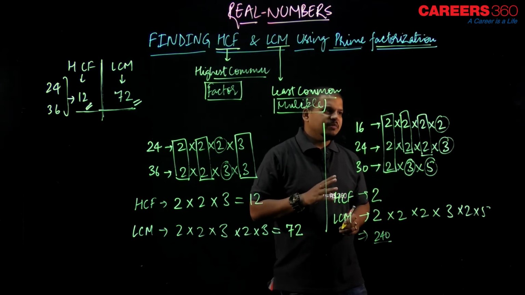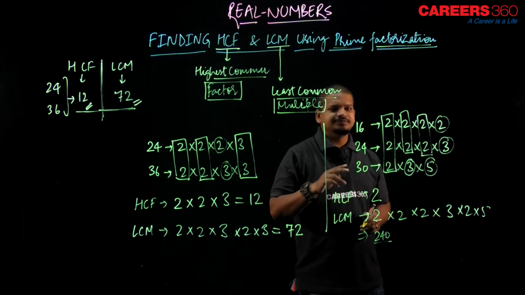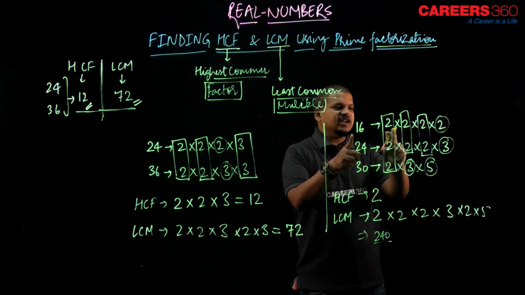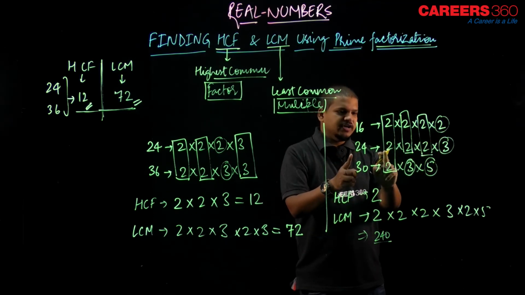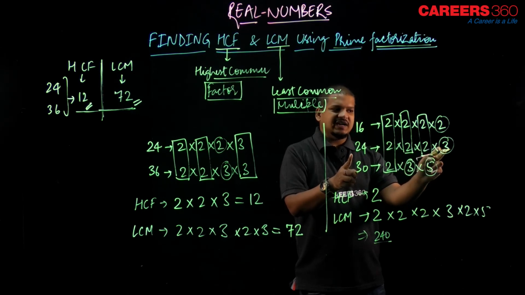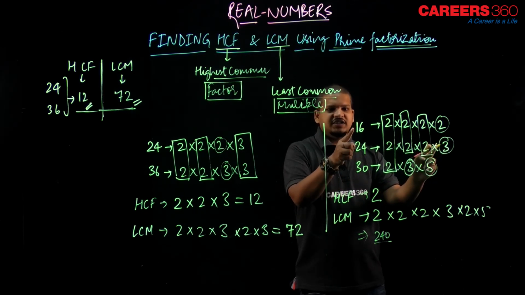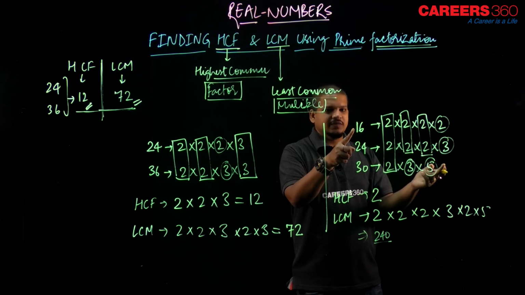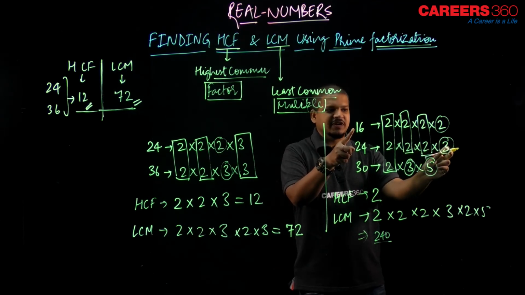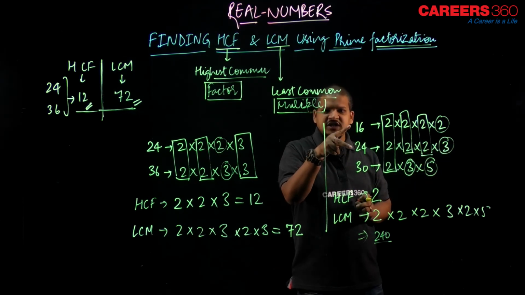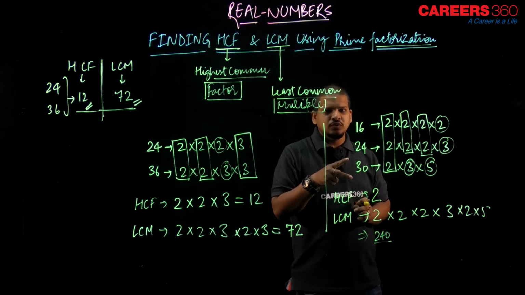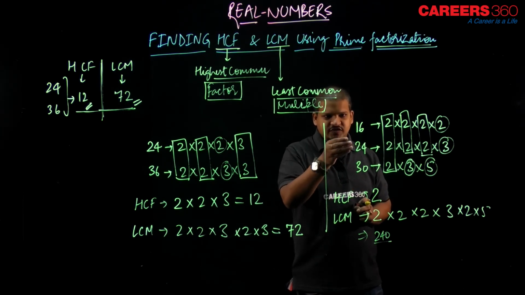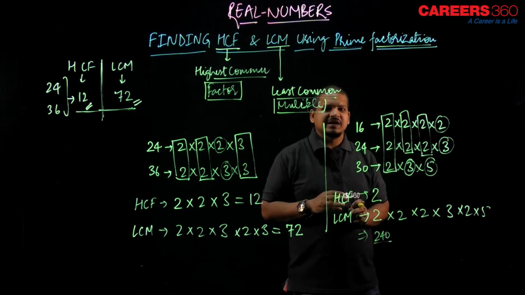In 16 there are 4 2s, right? In 24 there are 3 2s and a 3. So if I multiply 16 by 3, then the least common multiple between the two I will be getting, that is 48. 48 is the number which is divisible by both of the numbers, right?